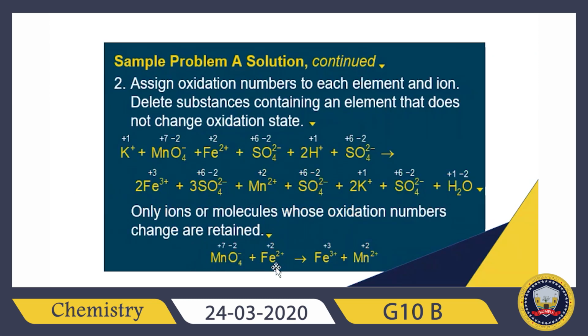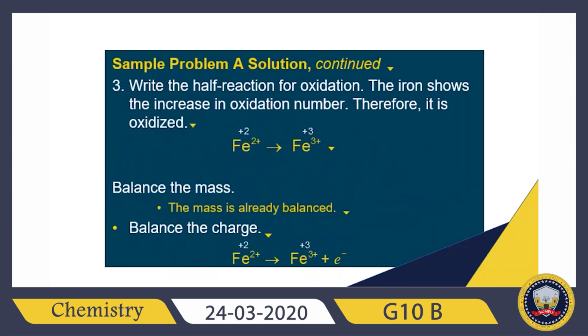As we can see here, the oxidation number of iron changed from +2 into +3, so the oxidation number increased, which means that the iron is oxidized. Okay, so now here we have our half reaction for oxidation, and then we need to balance the mass, and we can see that the mass is already balanced, so we don't need to change anything here.